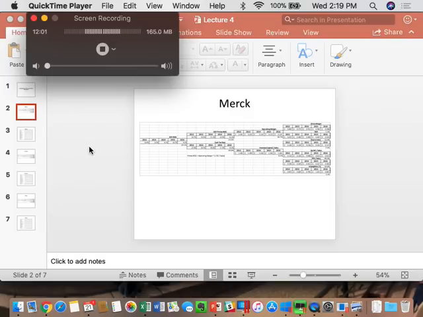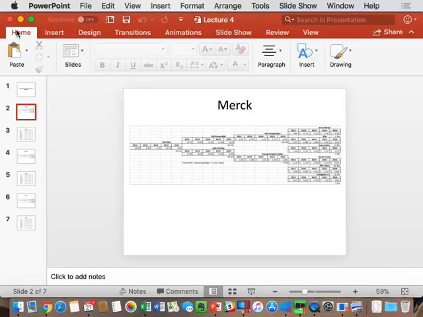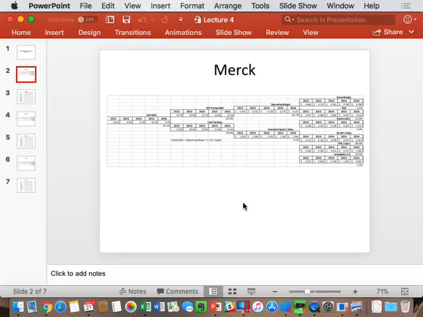I want to make sure it's still recording. Okay, unfortunately I can't go full screen because when I record and go full screen on this VGA monitor, it cuts off a lot of the screen. So you're going to have to look at this on your computer monitors on each of the computers in the room, otherwise you won't be able to read this.